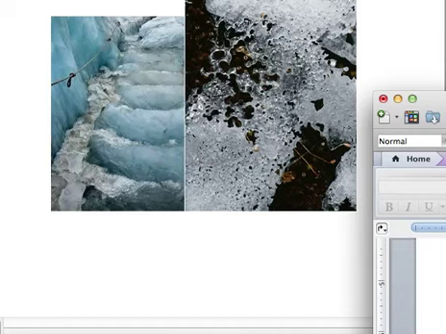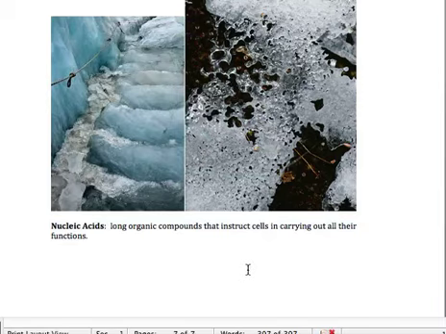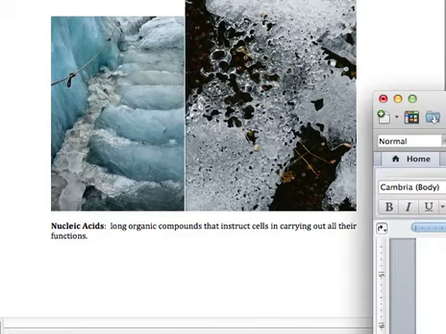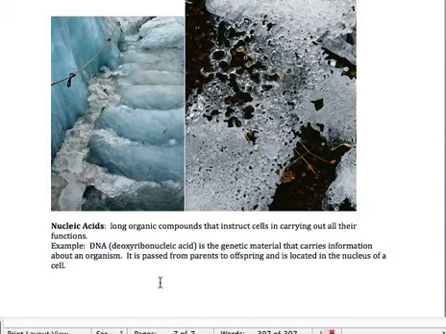Okay, next we have our last organic compound that we're going to talk about, and those are nucleic acids. Nucleic acids are long organic compounds that instruct cells in carrying out all of their functions. The examples that we're going to be talking about in class are DNA, or deoxyribonucleic acid, which is the genetic material that carries information about an organism.